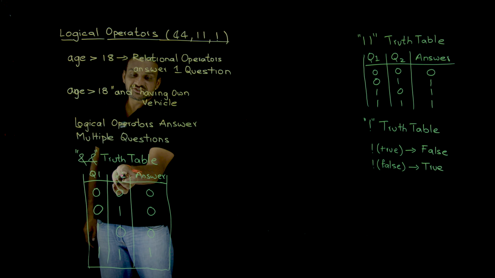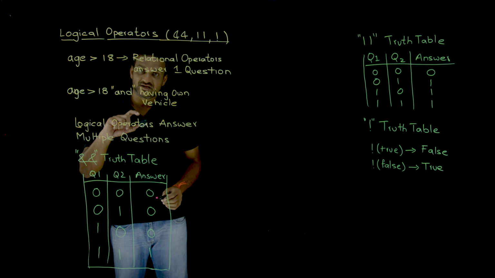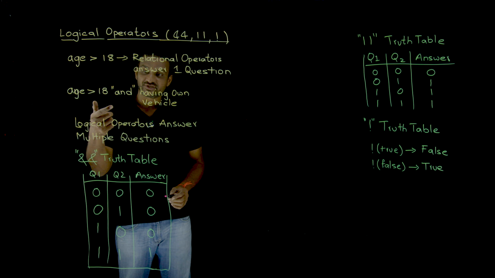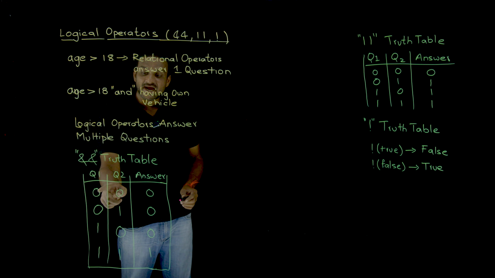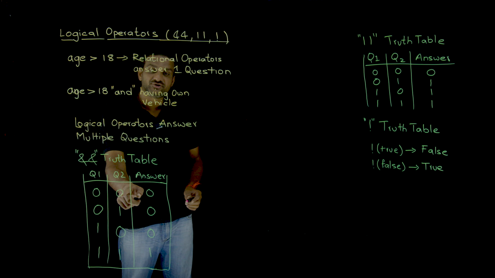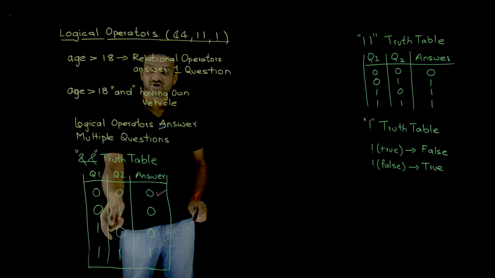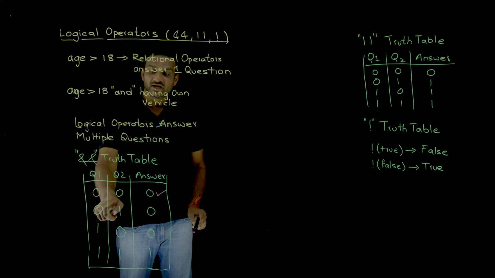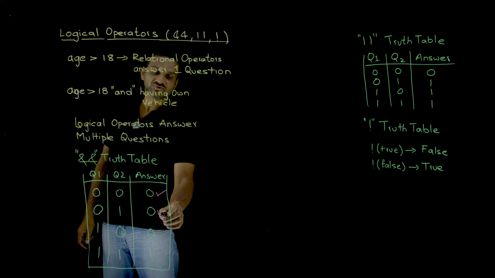If question 1 and question 2 both produce an outcome of 0, and the logical answering we need to produce uses the logical and operator, then the answer is 0. This table is for logical and. If question 1 produces an outcome of 0 and question 2 produces an outcome of true, meaning 1, then the outcome is also going to be 0.